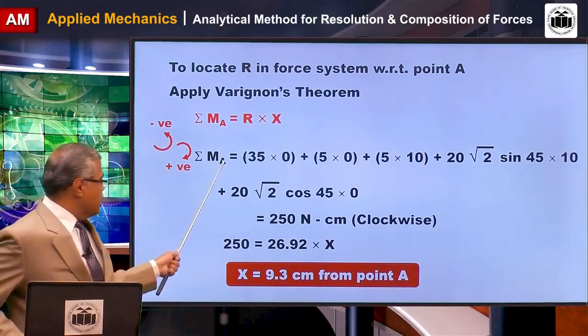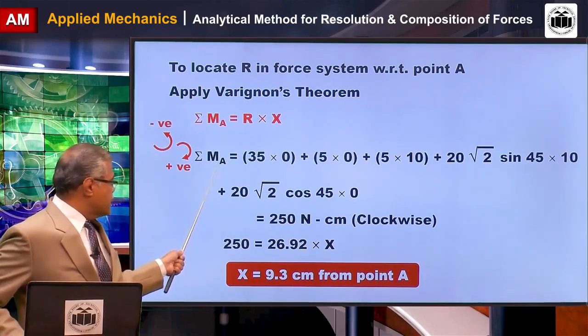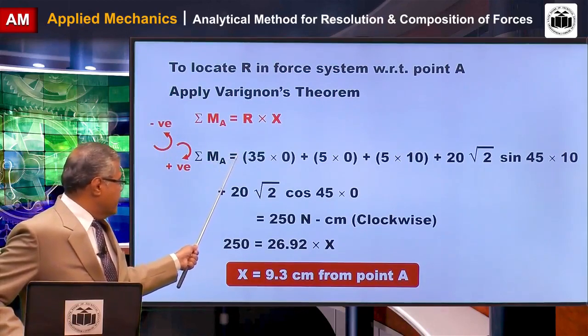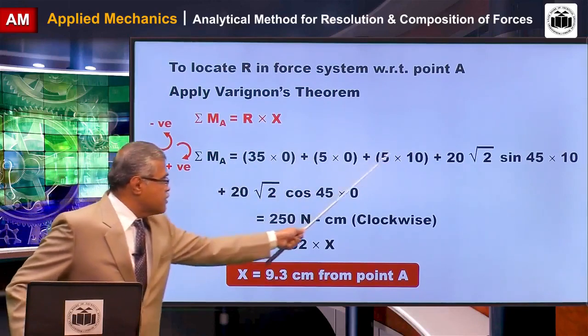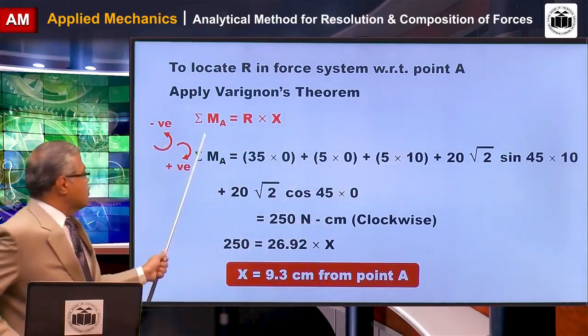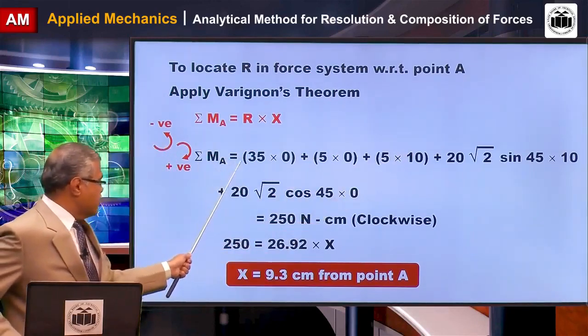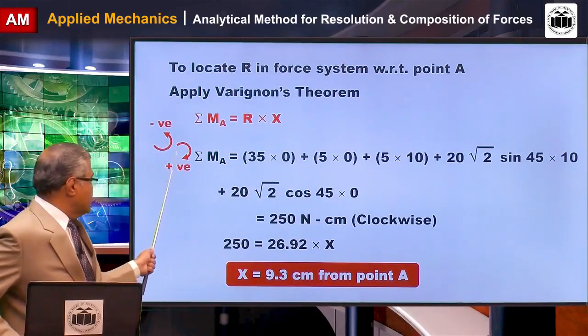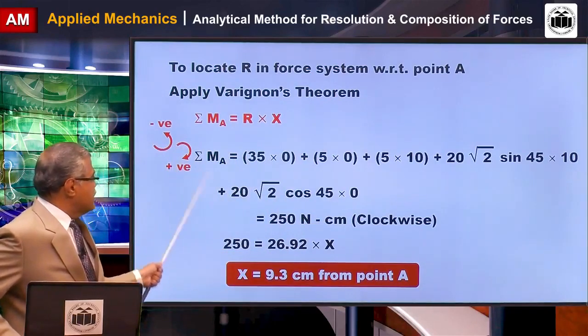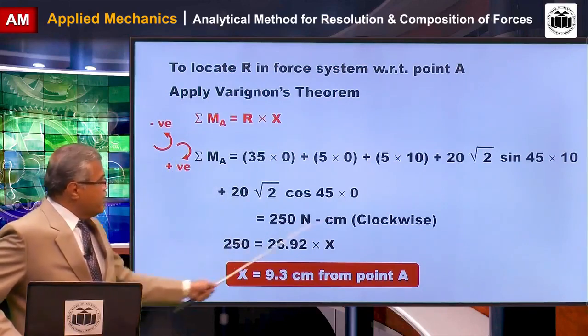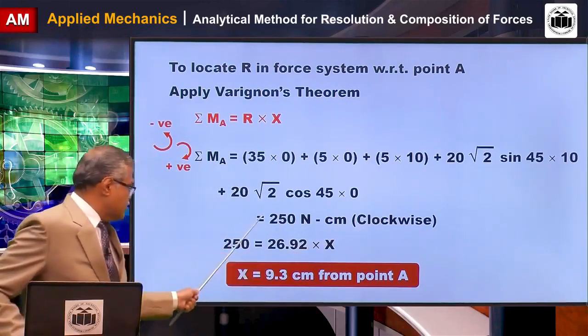In this problem, the moments of all the forces with respect to A are clockwise. Therefore, every term has a positive sign, no negative sign. So summation MA is clockwise, and the answer is positive.